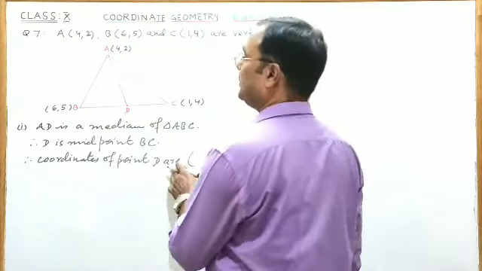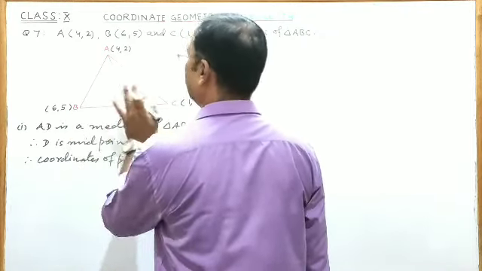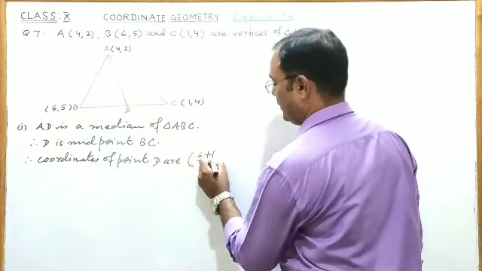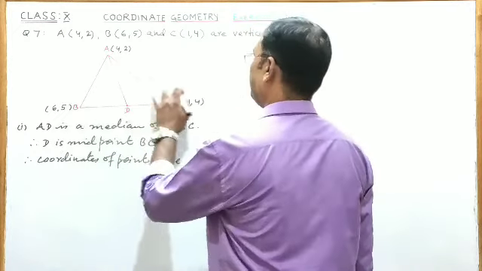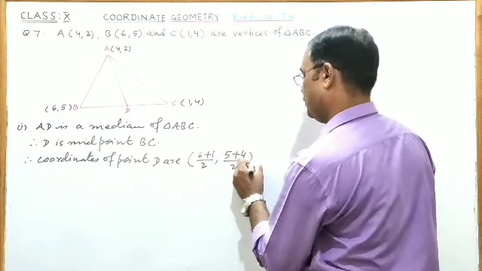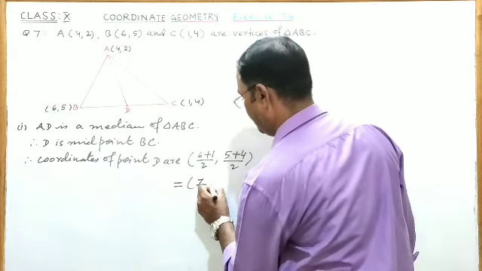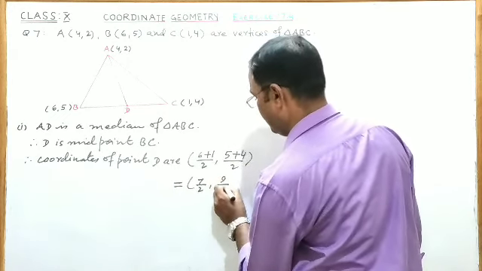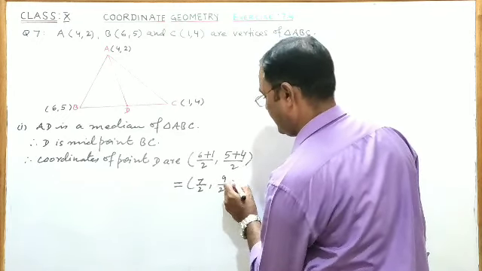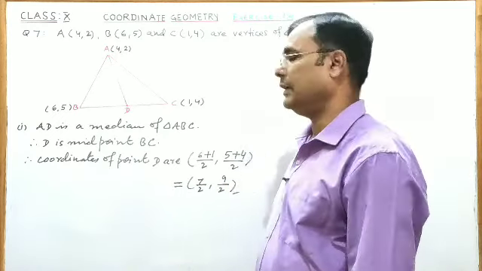So coordinates of midpoint D of line segment BC joining points B and C will be (6 plus 1) by 2, (5 plus 4) by 2, and this is 7 by 2, 9 by 2. So this is first part, coordinates of midpoint D of side BC.